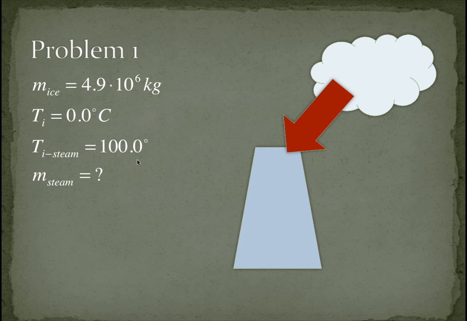So the amount of energy that is released from steam will be exactly the amount of energy that went into ice, and ice is melting. So the Q for ice is positive because it's gaining energy, the Q for steam is negative because it's losing energy, but together they will add up to 0. And I'm just going to use the absolute values of both of those.